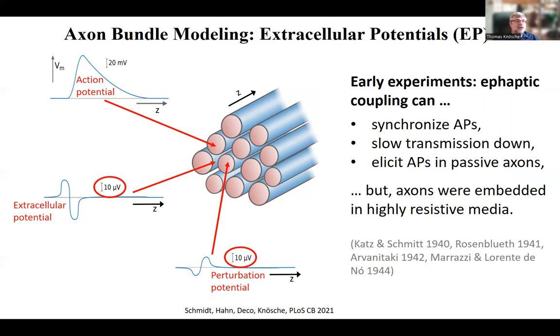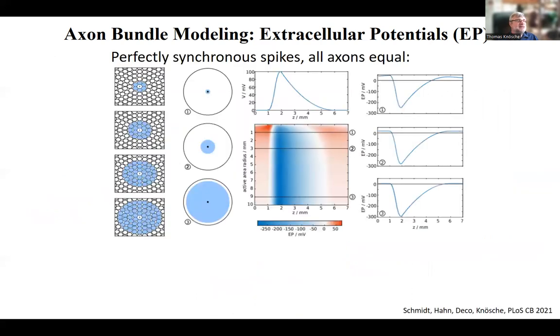So how does the whole thing look in a more realistic setting? There we have to consider that an axon to be influenced is surrounded by not just one, but very many other axons potentially carrying action potentials.